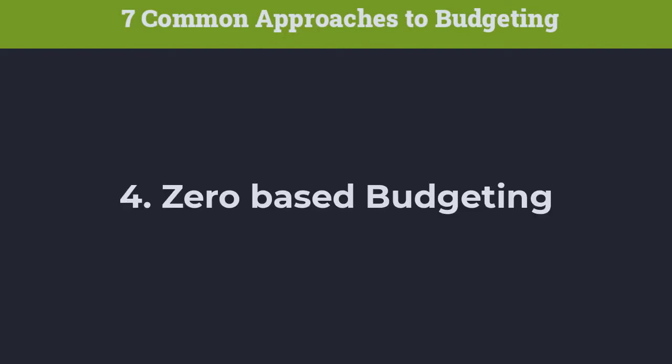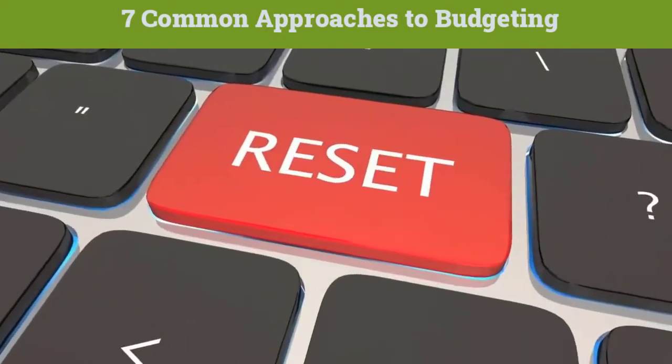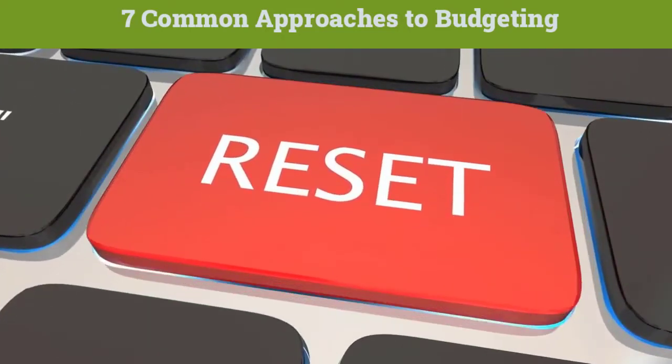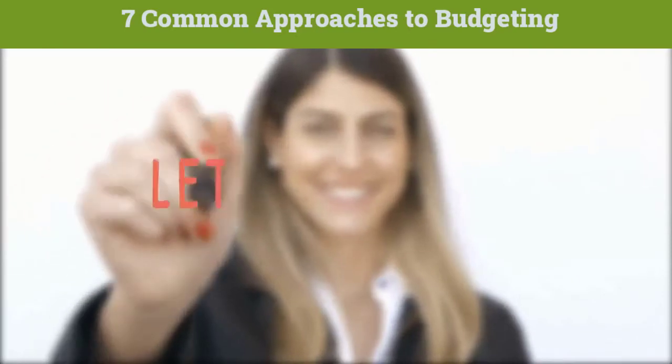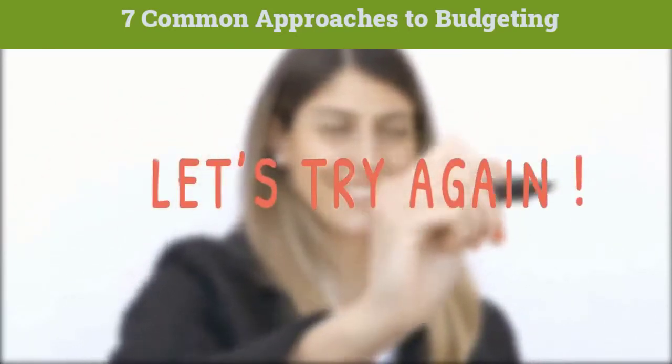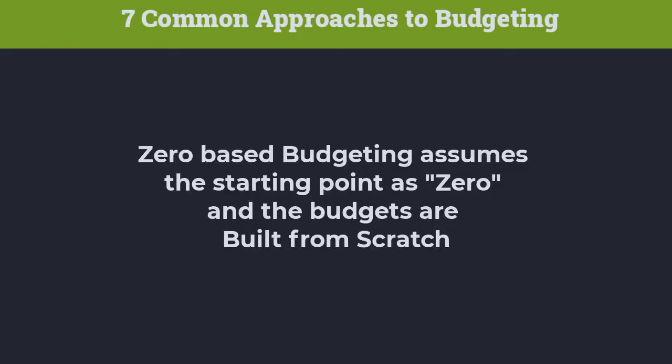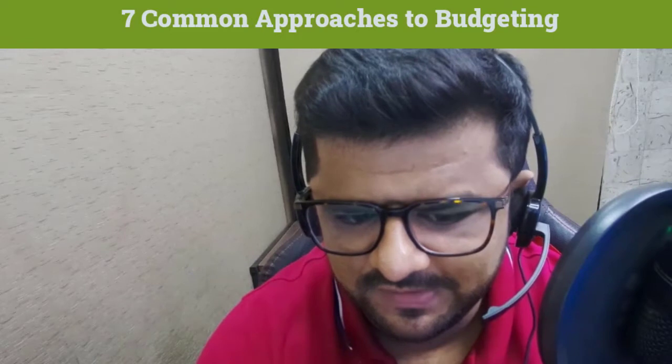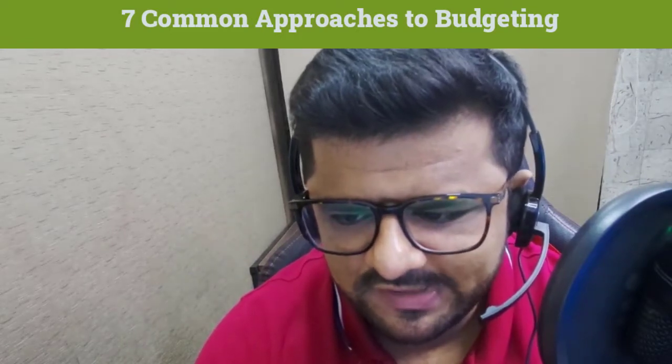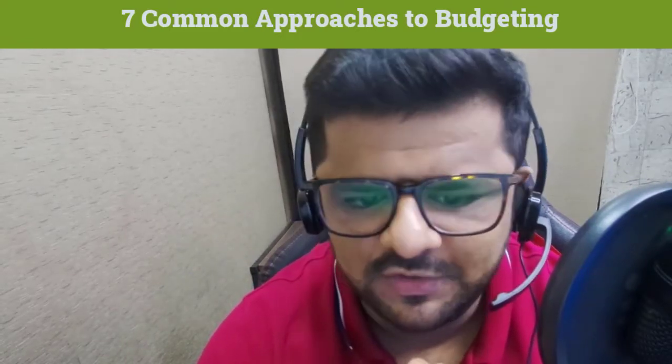The next common approach is zero-based budgeting. Zero-based budgeting is one of the most popular forms of organizational budgeting, often referred to as ZBB. It assumes the starting point as zero and then the budgets are built from scratch. We must be able to justify every single expense. It is a time-consuming exercise, but it helps eliminate any non-essential costs.